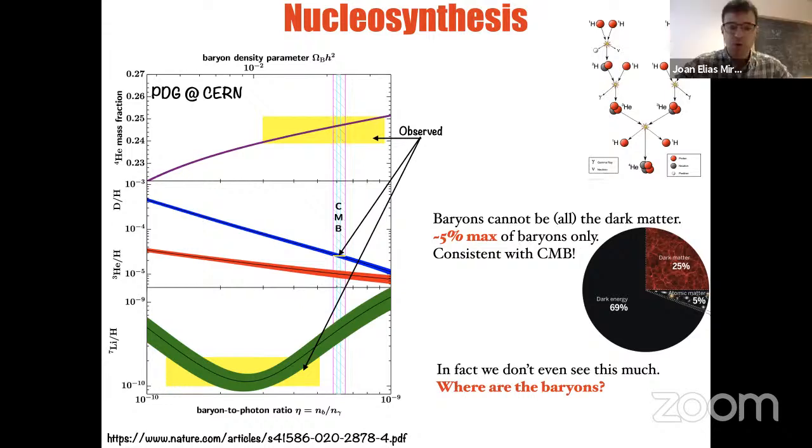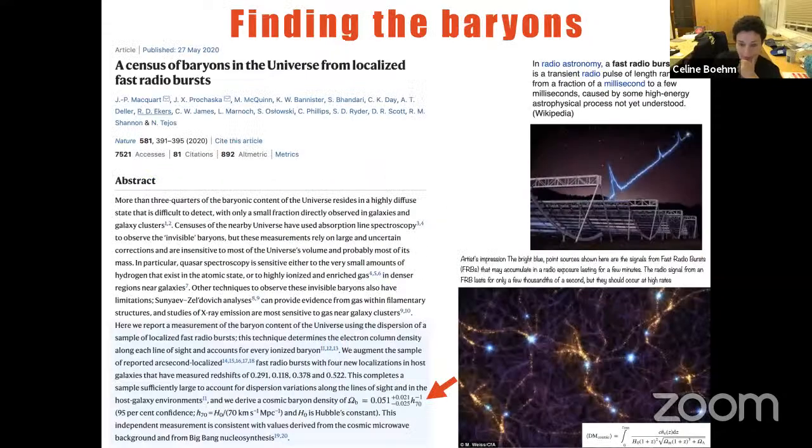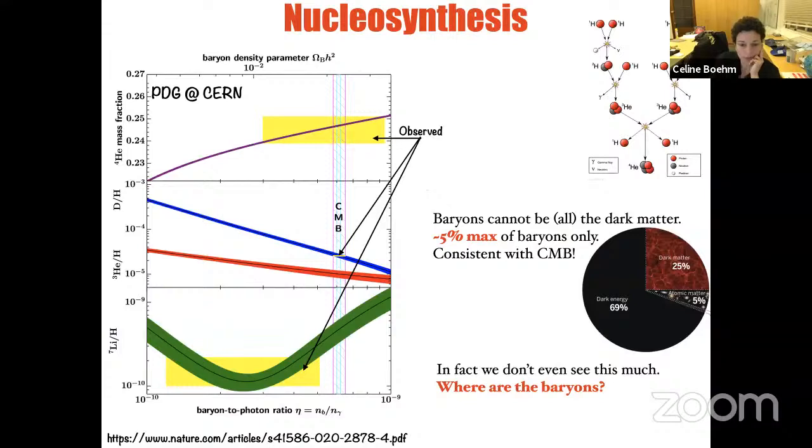Okay. There are no more questions for the moment, so I can continue. What I wanted to tell you is, we have those measurements, and in a sense, nucleosynthesis was very important, I would say, until probably 2010. But then as the CMB became more precise, people tend to forget it.